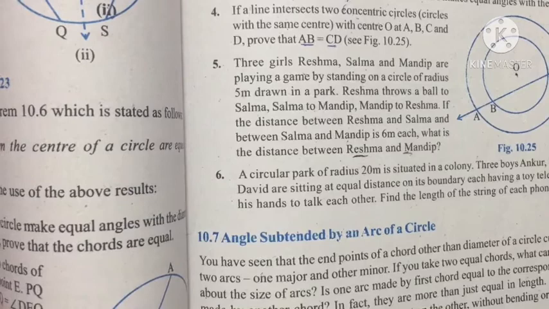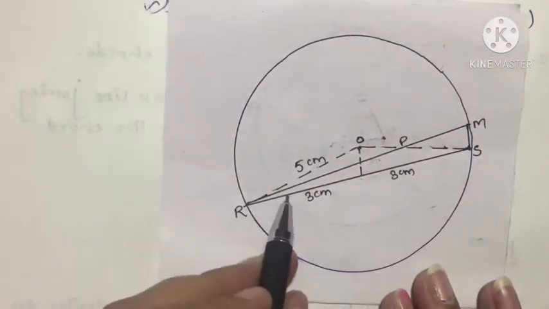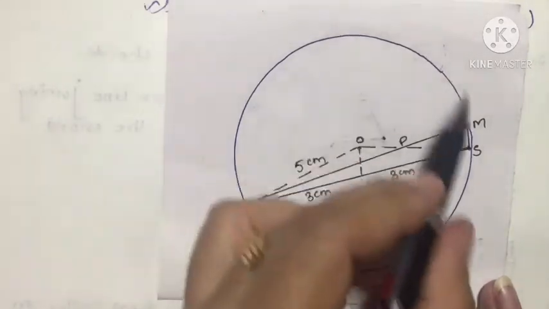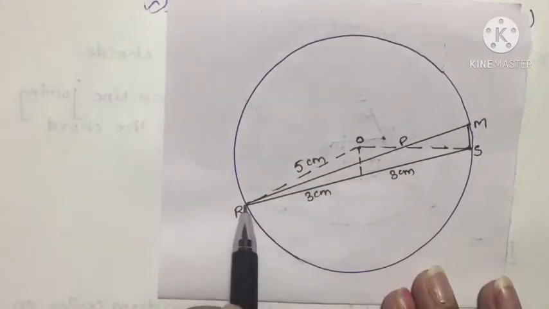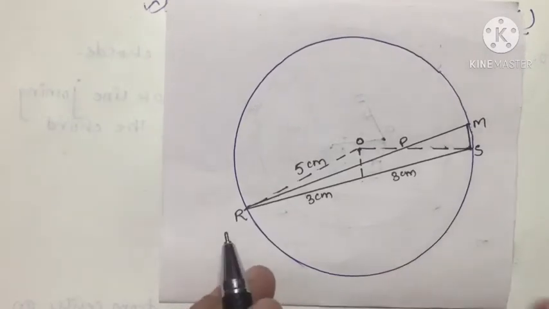Okay, the question is pretty much clear. We need to draw the diagram of the question and then it will be more clear. There are 3 girls, Reshma, Salma and Mandeep. This can be the diagram. This is the circle, and the 3 girls are standing at the periphery of the circle.